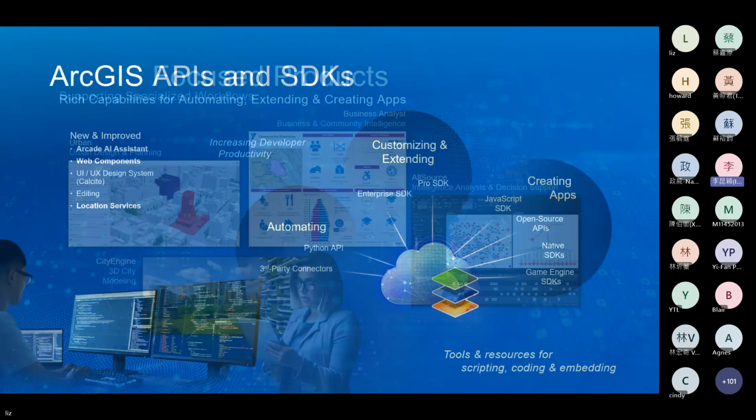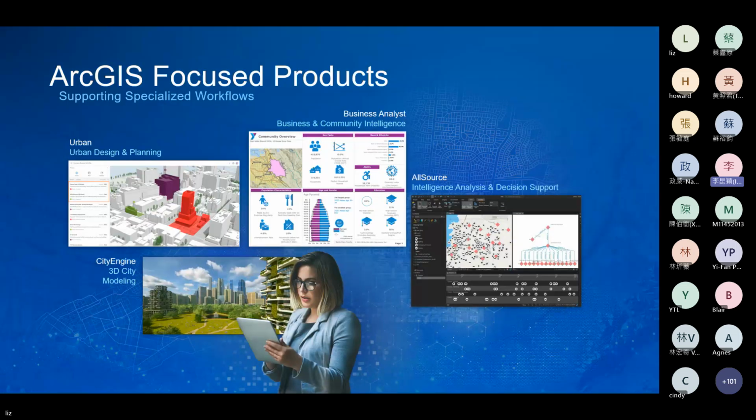And beyond those foundational products, extensions, and developer tools, we also offer several focused applications. Business Analyst and Urban are the most popular. So Business Analyst is used by Fortune 1000 companies because it includes rich data for understanding customers, markets, and site locations all out of the box. It is used in government and public organizations to better understand their communities and constituents.